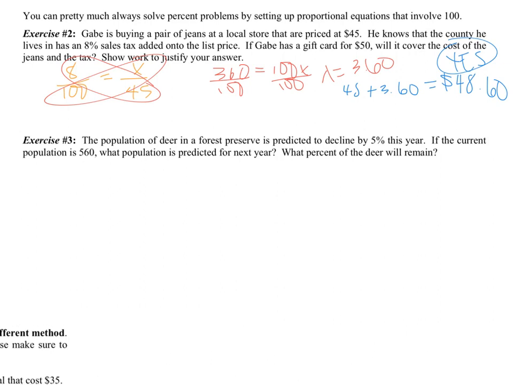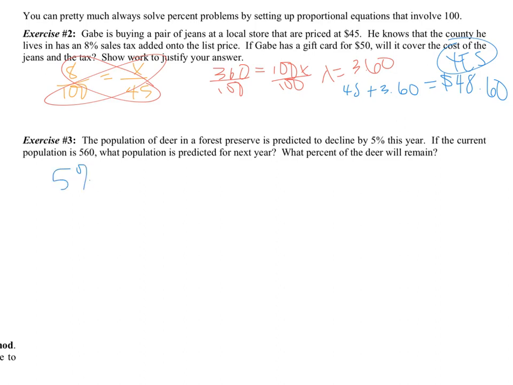So for exercise number 3, the population of deer in a forest preserve is predicted to decline by 5% this year. If the current population is 560, what population is predicted for next year? What percent of the deer will remain? So we're looking at how we will find 5% of 560.